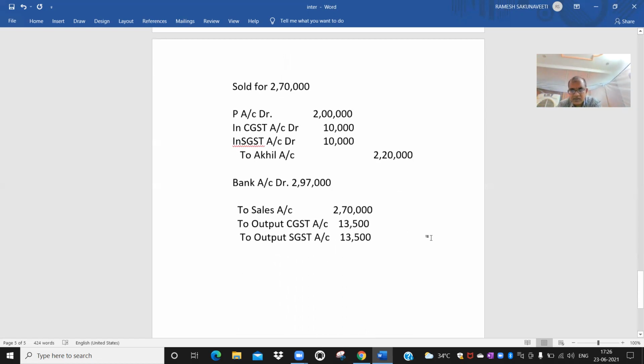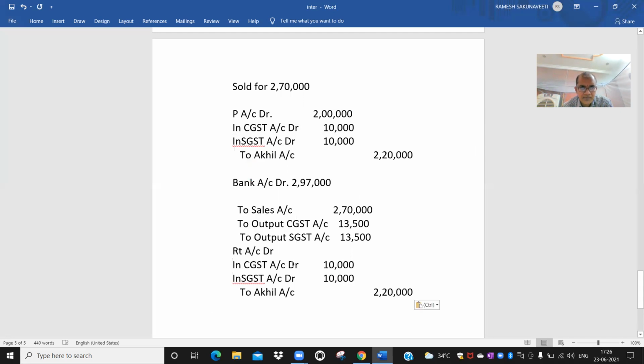What is the third transaction? Railway transport account debit, so again input CGST and input SGST will come. I am copying them. What is the actual railway transport amount? 20,000.